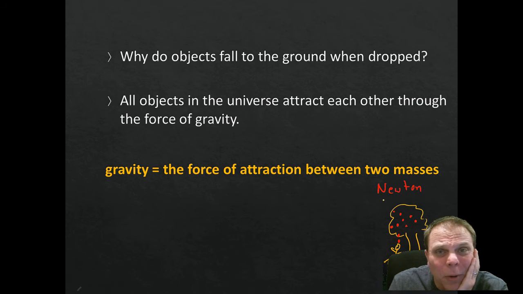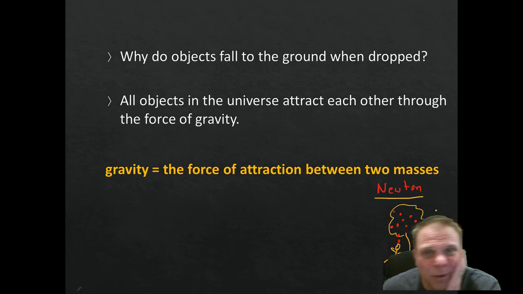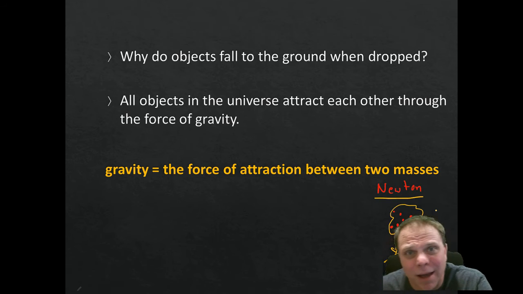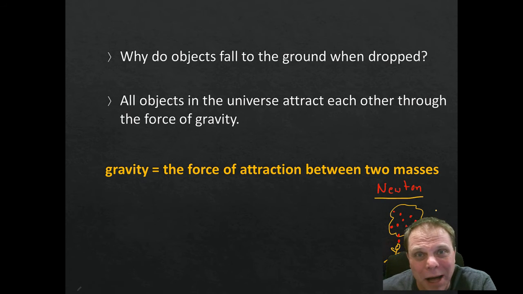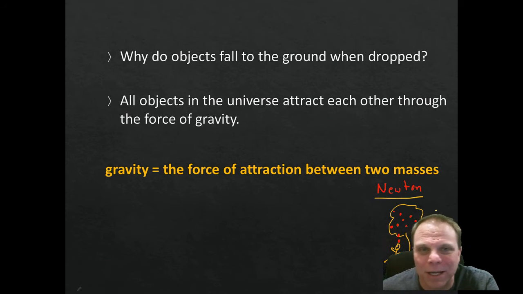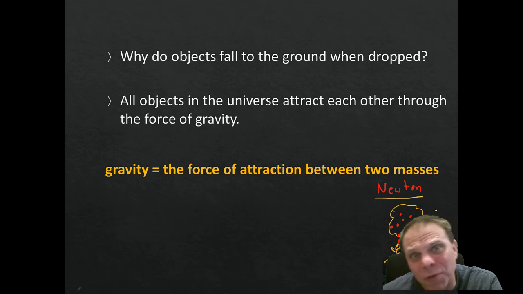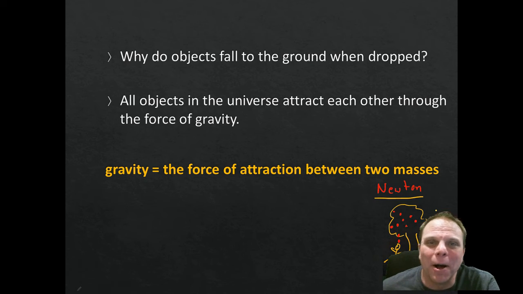We're not really going to focus on what Einstein talked about. We're going to focus on what Newton talked about, even though Einstein is really more of the common current thinking. The physics behind Einstein's thoughts are a little bit more complex, so we're just going to focus on classic Newtonian physics, as we call it. And so we'll talk about the universe in terms of the way Newton saw it at this point.